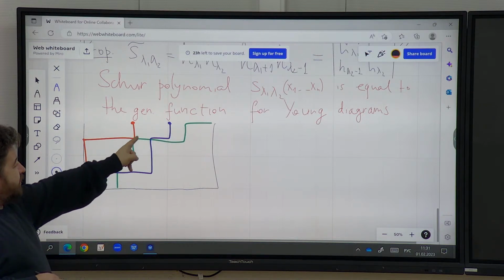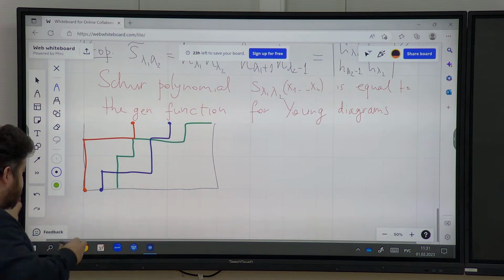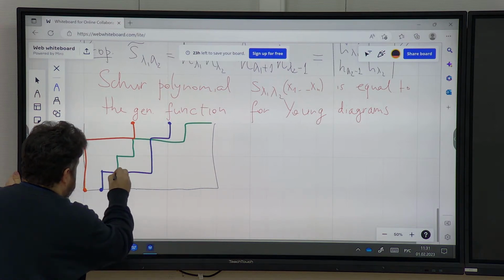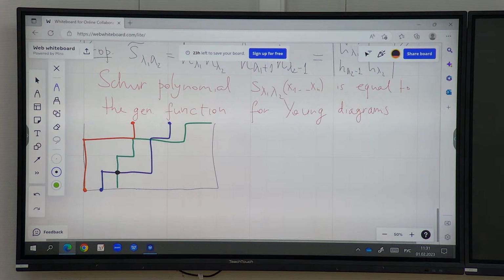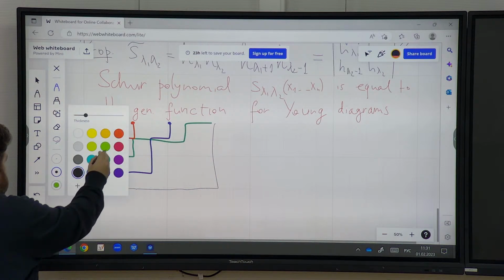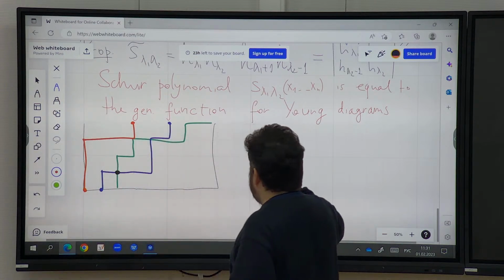So I go along this row and I pick the first intersection point, and I swap the tails of the paths. So I keep the red one as it was.